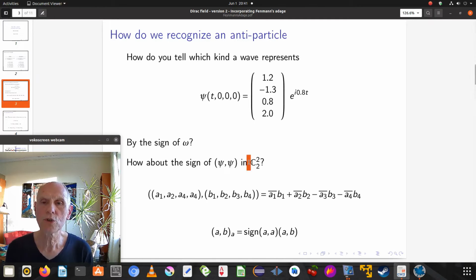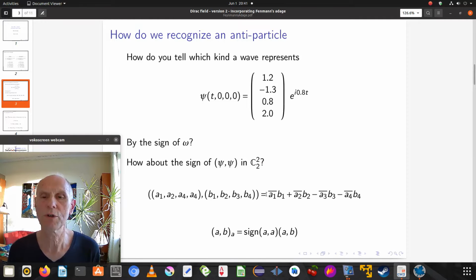You see C22, it's the complex C4 with this scalar product. It's not an inner product because it may vanish.